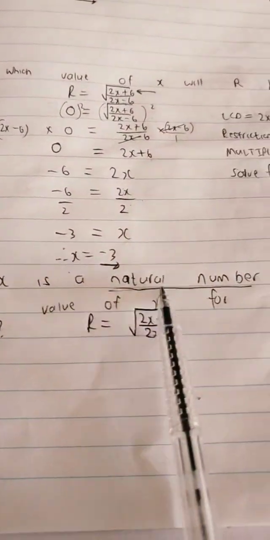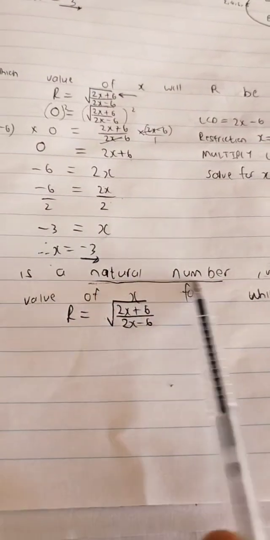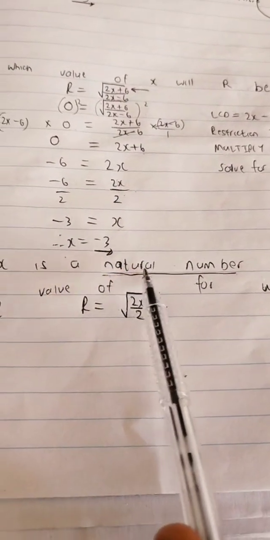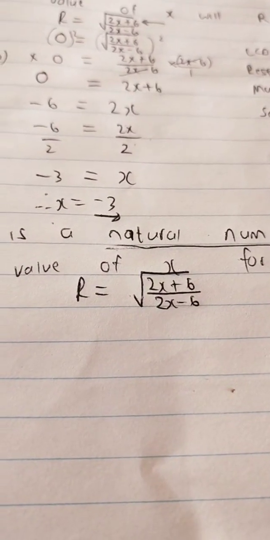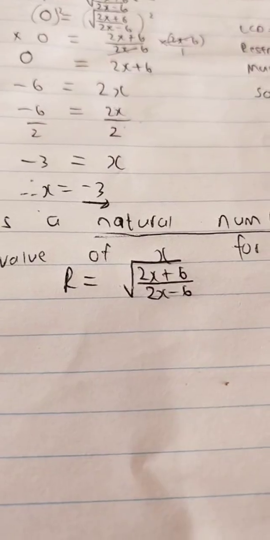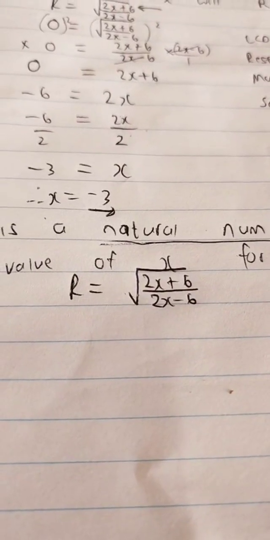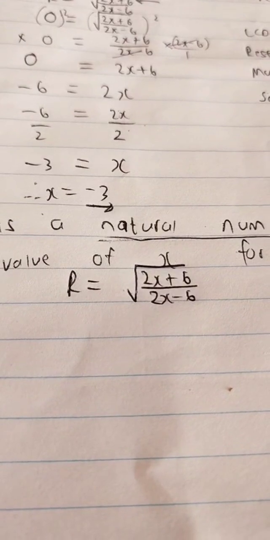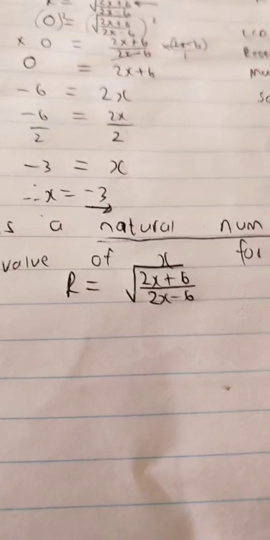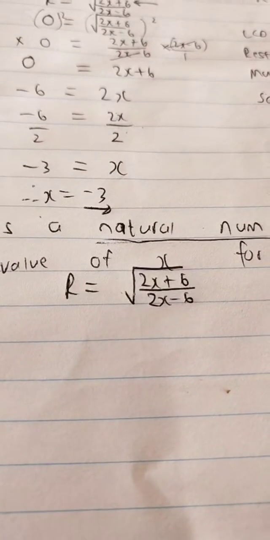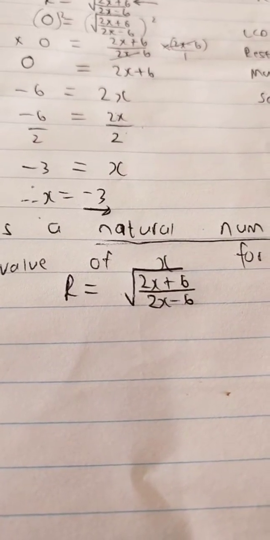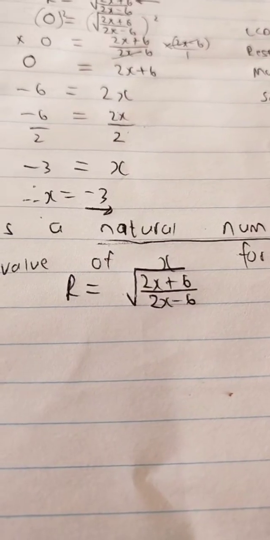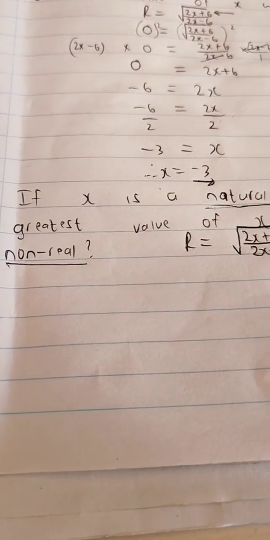If x is a natural number, okay, so let's start here, guys. What is a natural number? Let's see if in the comment section you guys can remember. What is a natural number, guys? Thank you, Roland.